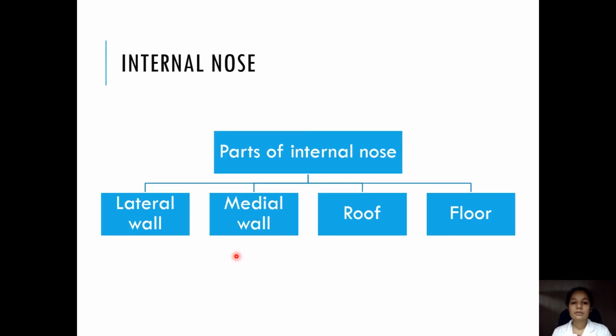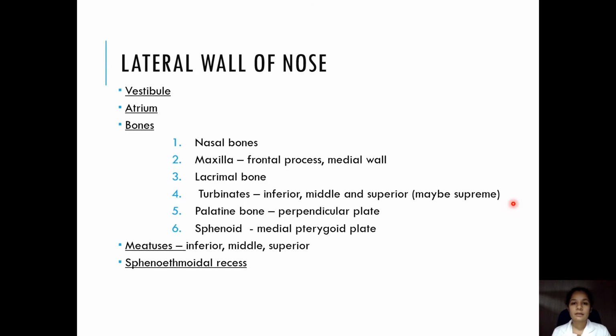Now, internal nose. There are four main parts of internal nose, that is the lateral wall, medial wall or the septum, roof and floor of the nose. Starting from lateral wall of the nose.